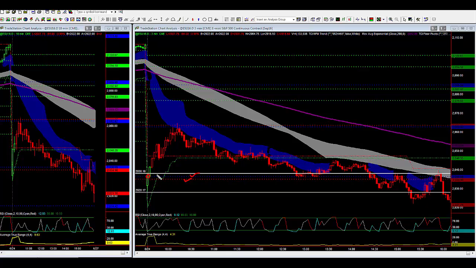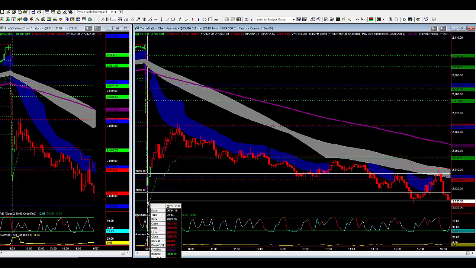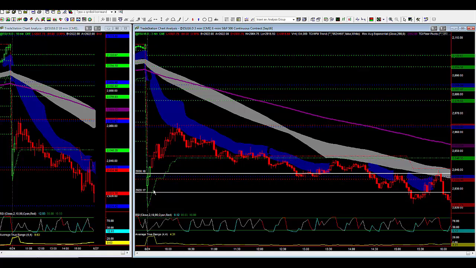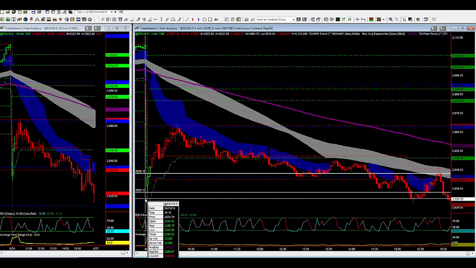So I took that range, and this is where my strategy comes in. This is pretty aggressive, but I like to do it when the market gaps and there's enough room in that direction to take a trade, right? So once the market traded up through the high of the first 3-minute bar, that high was 38.5. Once the market broke up through 38.5 to 38.75, I was long at 38.75.